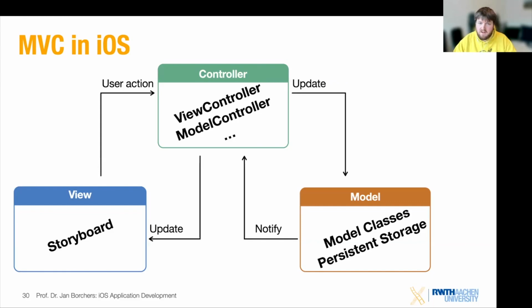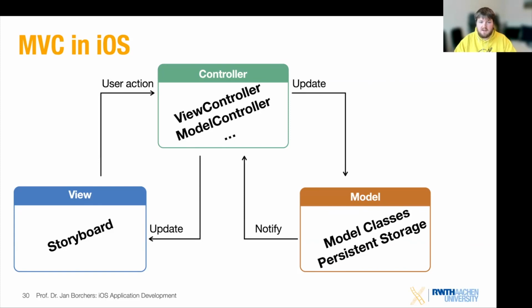And that is done via the IB action, for example. And the controller is then, for example, updating the model, which could be a specific model class that you just implemented, or if you use, for example, Core Data, it is changing something in the persistent storage.